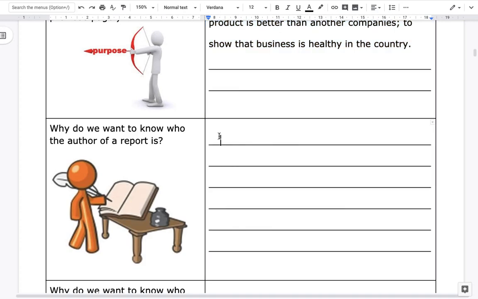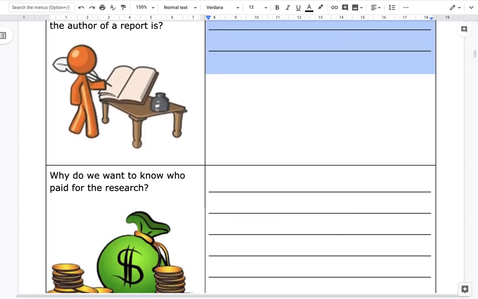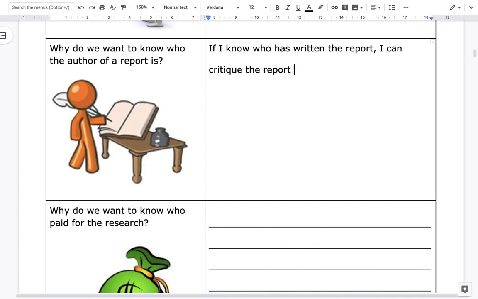So let's think about, why would we want to know who the author of the report is? So knowing the author of the report, this enables us to know what their bias is. So if I know who has written the report, I can critique the report knowing their bias.